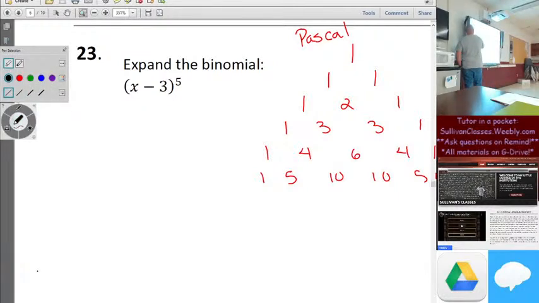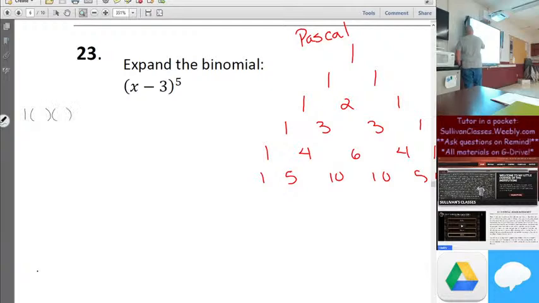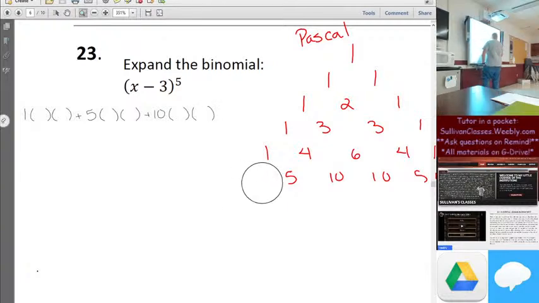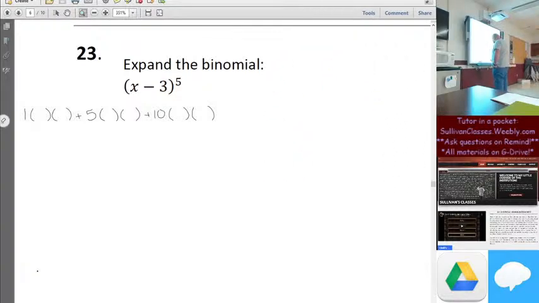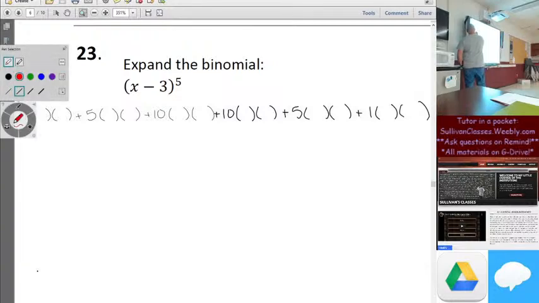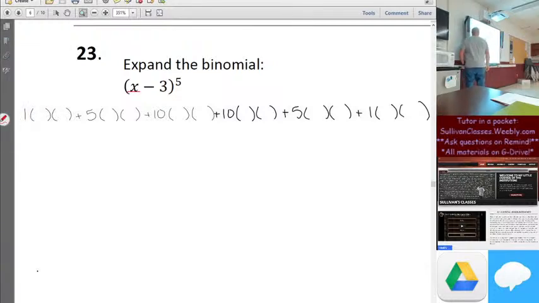So the expansion of this is going to use 1, 5, 10, 10, 5, 1. It's going to use this fifth power. Plus 10 thing, plus 5 thing, plus 1 thing. And in there goes the first term. Remember what I do with my exponents?